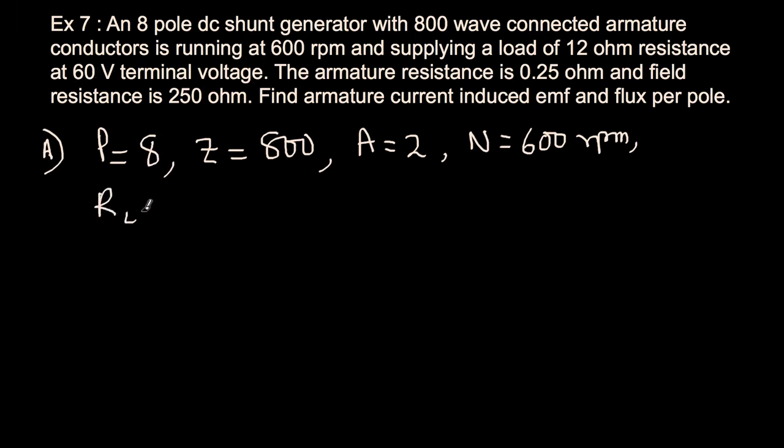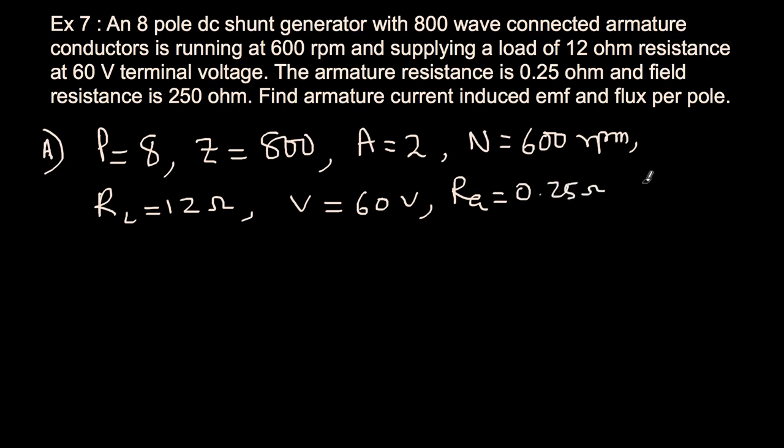So RL load resistance is 12 ohms and the terminal voltage is 60 volts. I'm just writing down the data that is given. Armature resistance is 0.25 ohms, and the field resistance is 250 ohms. I'll define it as RSH, 250 ohms. Find the armature current, induced EMF and flux per pole.